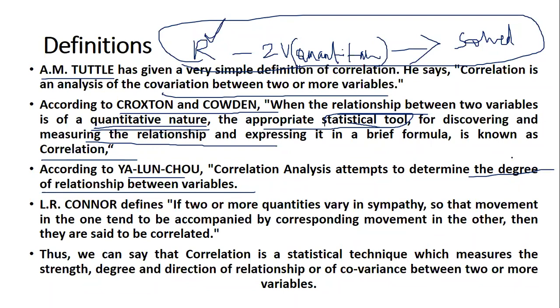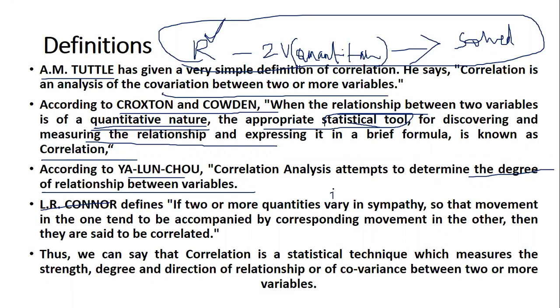Degree of relationship between variables means to what extent both the variables are connected with each other. That's all. Then coming to the next definition, L.R. Connor defines: if two or more quantities vary in sympathy so that movement of one tends to be accompanied by corresponding movement in the other, then they are said to be correlated.